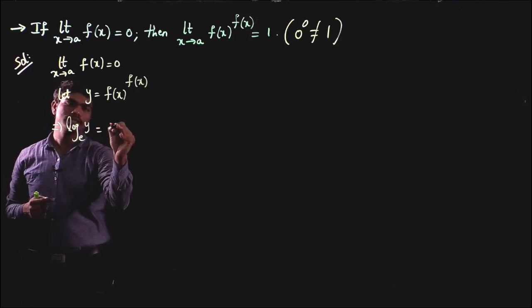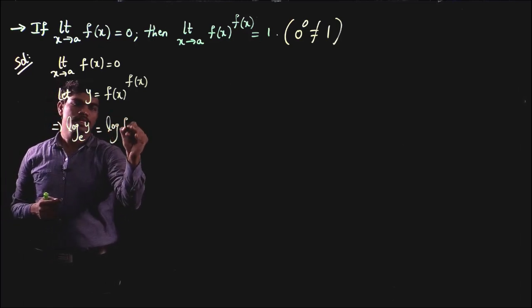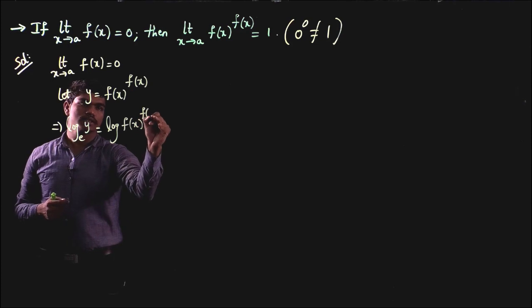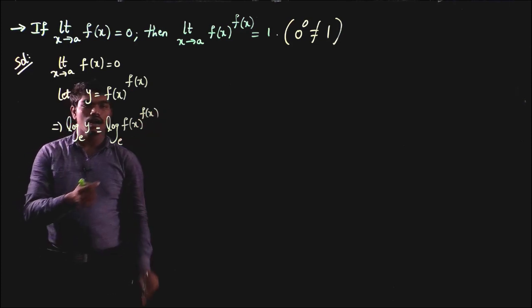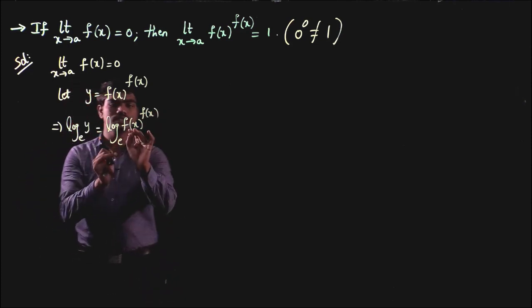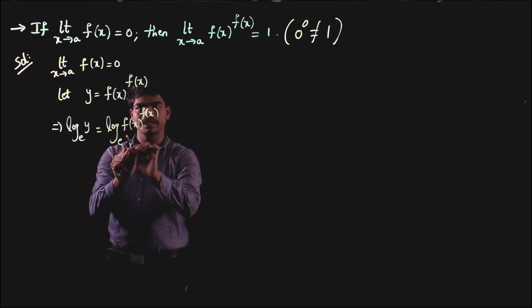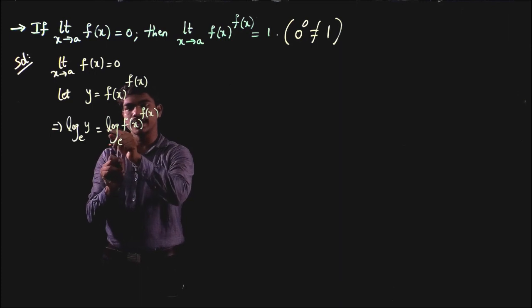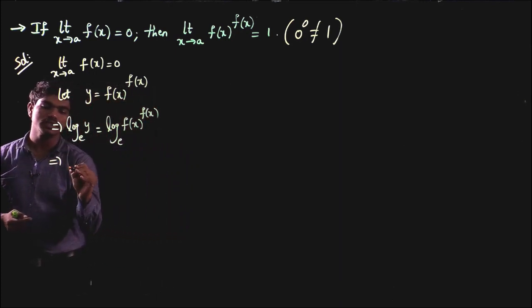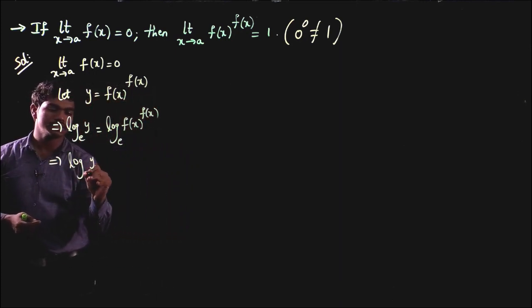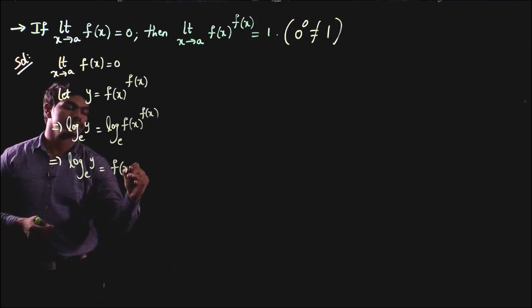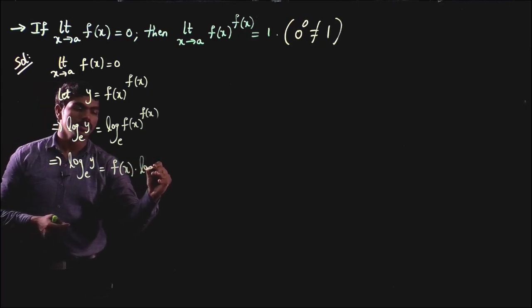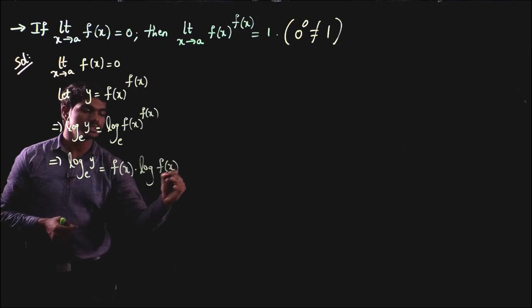Log y to the base e is equal to log f of x power f of x to the base e. And of course, when there is a logarithm of the form log x power n to the base e, this n which is on the top can be written as multiplication ahead of this logarithm. And if we do that, log y to the base e is equal to f of x into log f of x to the base e.